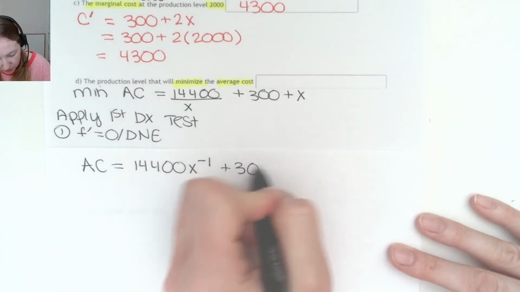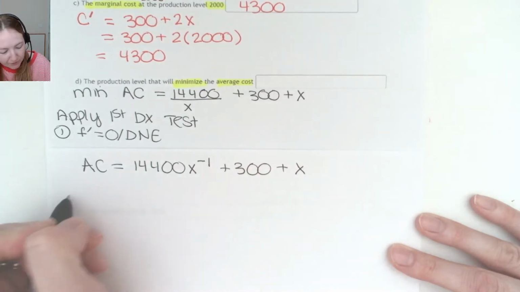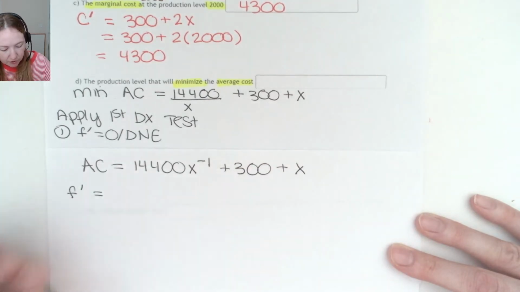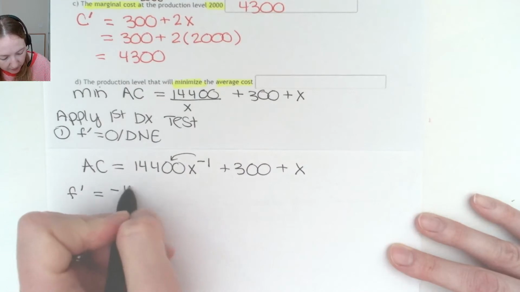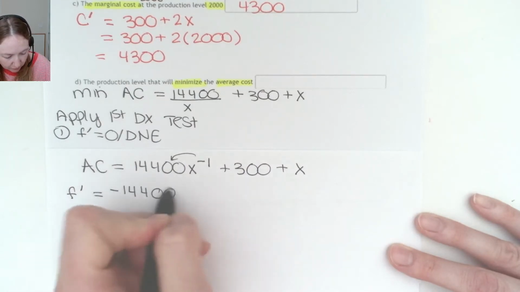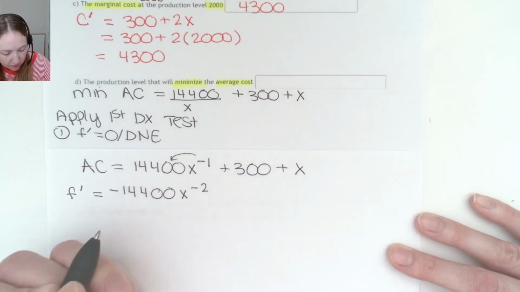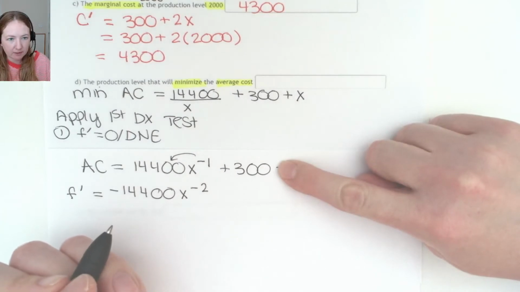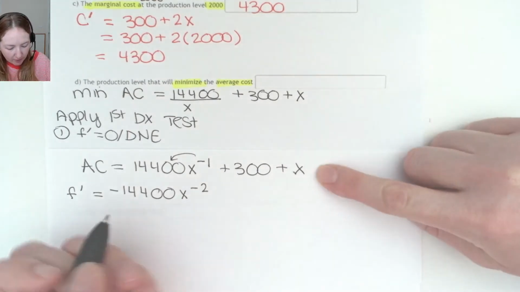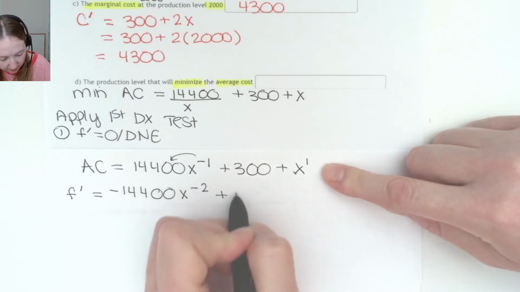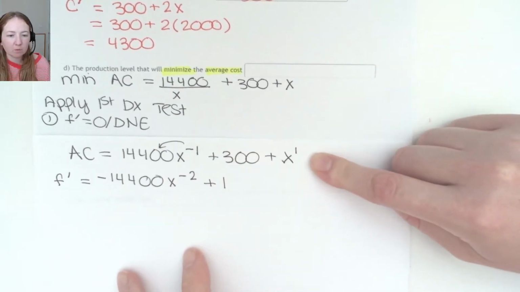So bring down the negative 1, get negative 14,400 x to the negative 2. The plus 300 is a standalone constant, goes to 0, and then the x to the first is a linear term, so it becomes a plus 1.